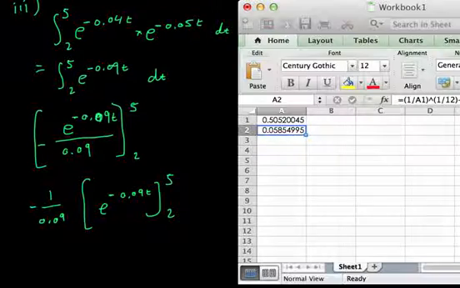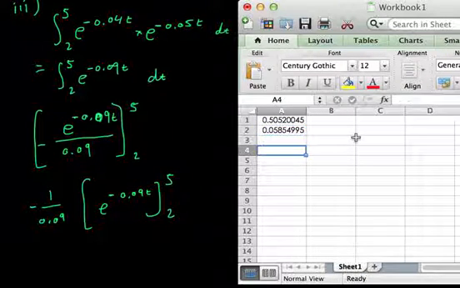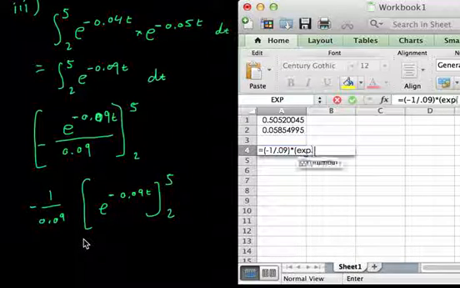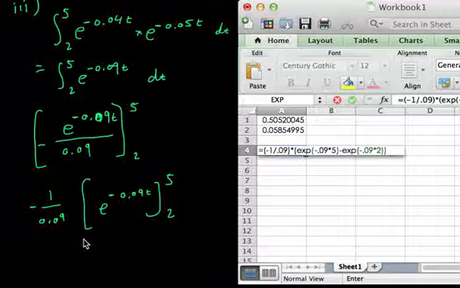I'm just going to use Excel to find that bit. So we've got equals negative 1 divided by 0.09, that's this bit over here, multiplied by the exponential of negative 0.09 times 5 minus the exponential of negative 0.09 times 2, and close all the brackets.